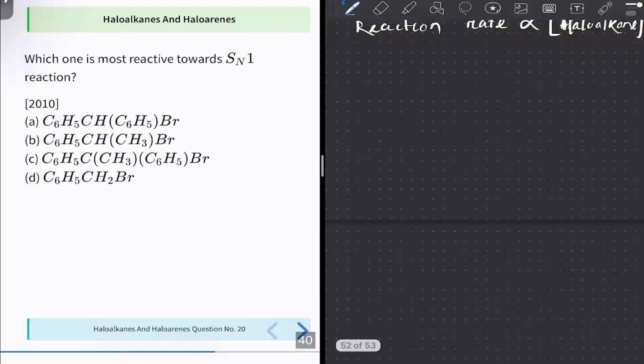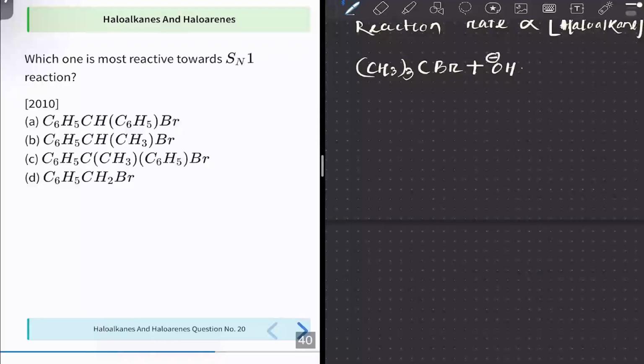Let's take an example, that is (CH3)3CBr. This is a tertiary haloalkane. It is attacked by a nucleophile.